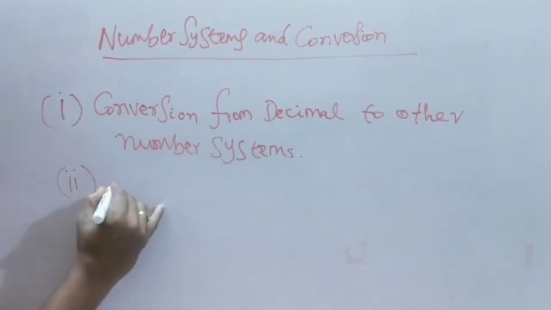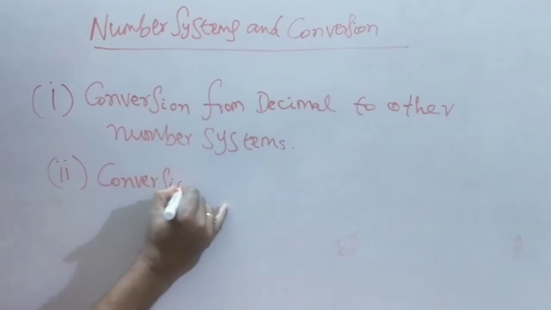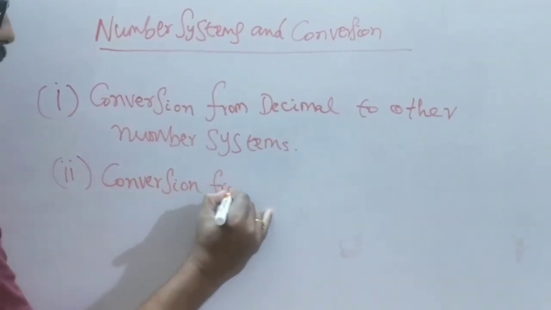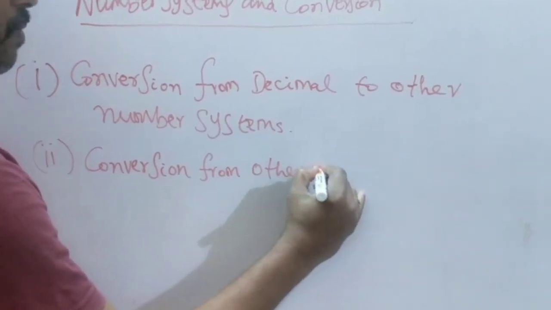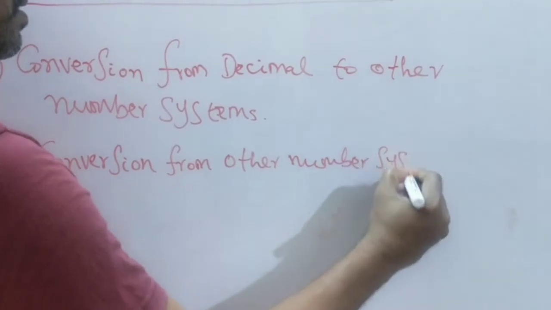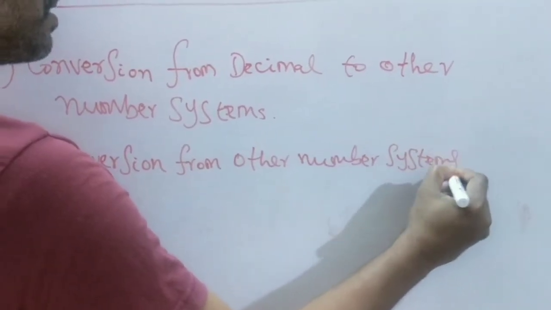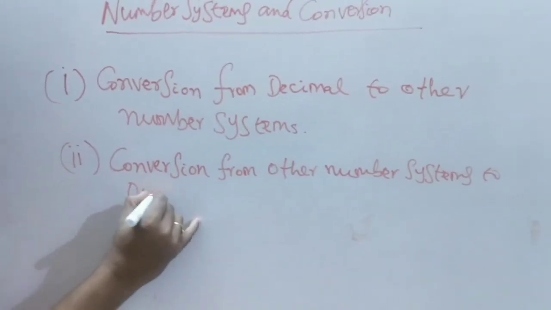The second category is conversion from other number systems to decimal.